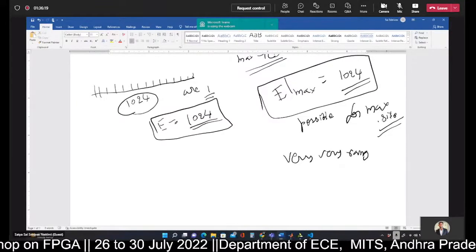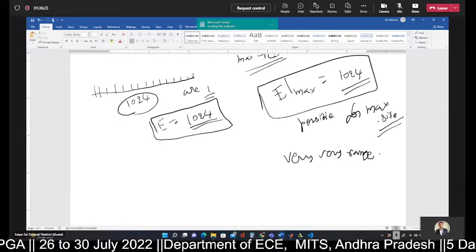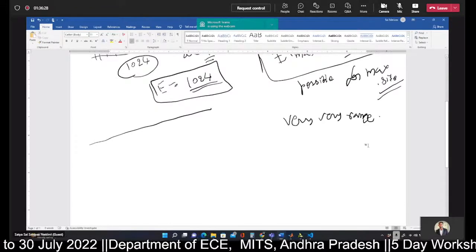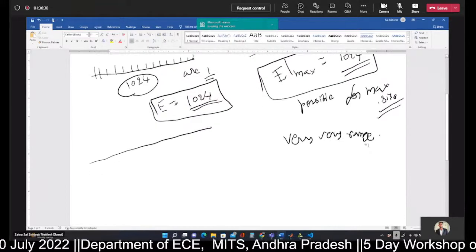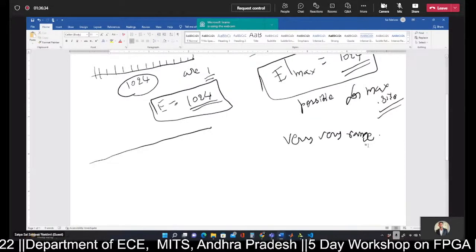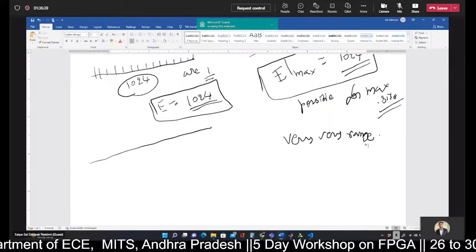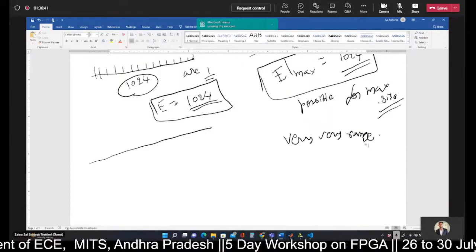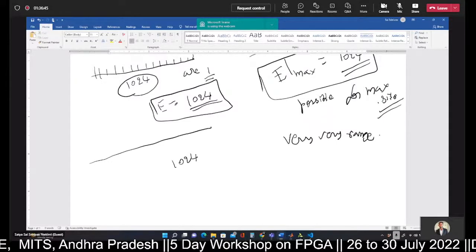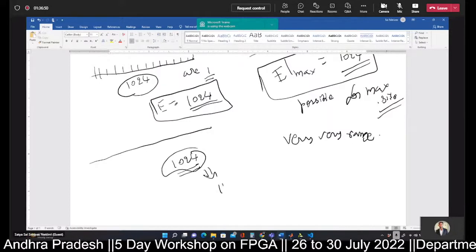But while designing a hardware architecture, we need to take into consideration all the possible constraints, and accordingly we need to define the size of our registers, or the size of the output buses, and so on. So the maximum energy is 1024. To represent 1024, we require 11 bits.